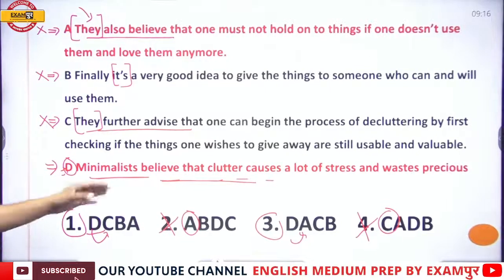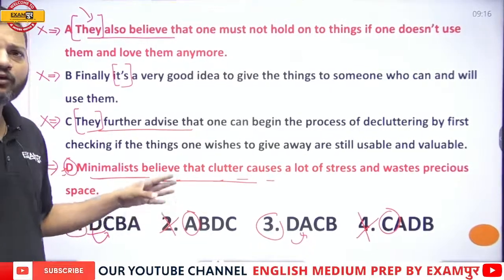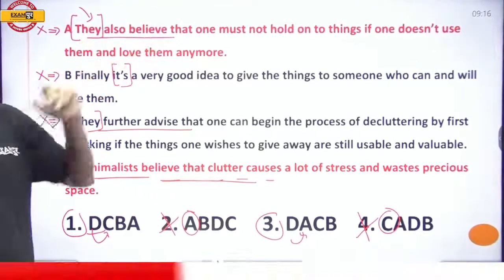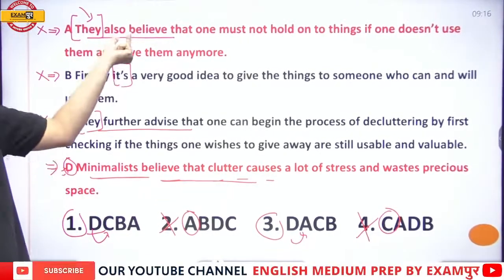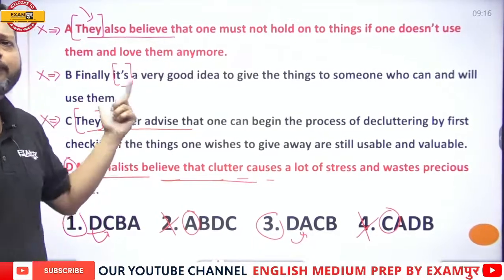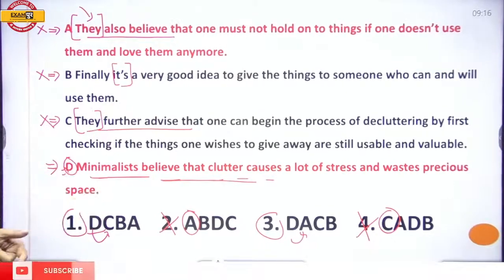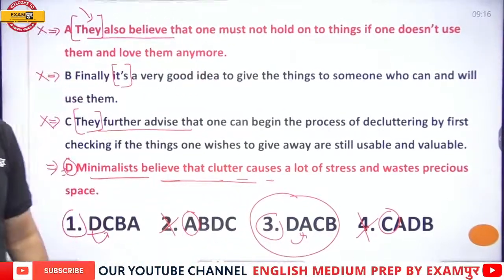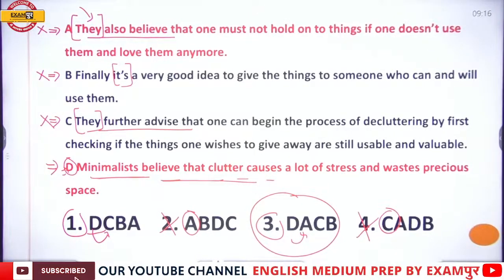So if the first sentence is "believe", its chronological order matches with A. "They also believe", because they are still in the process of believing something. So D must be followed by A. So the correct answer would be DACB.